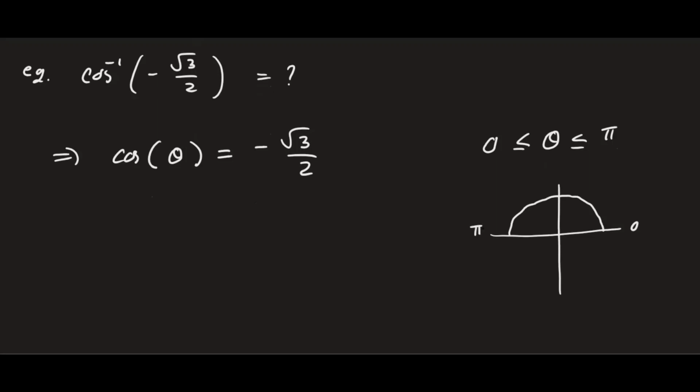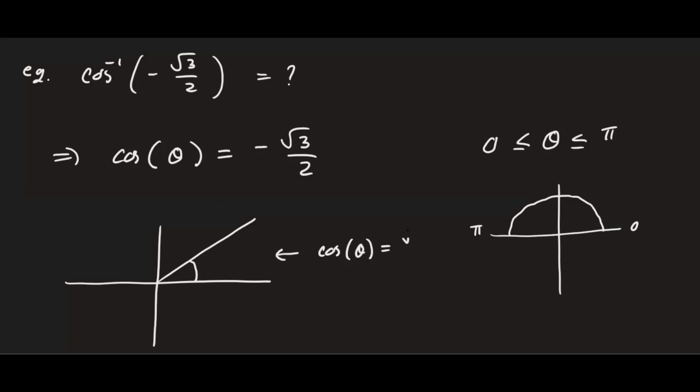Knowing that, on the first quadrant, we have cosine of some angle giving us positive square root of 3 over 2. We know from the unit circle that theta has to be pi over 6, 30 degrees. So that's in the first quadrant, and this is pi over 6.